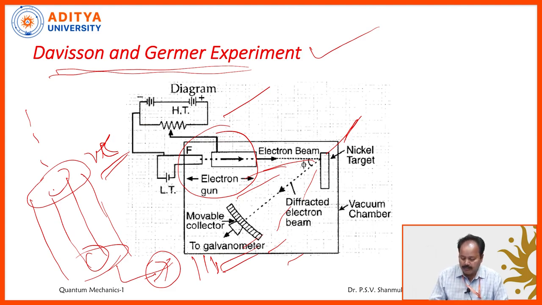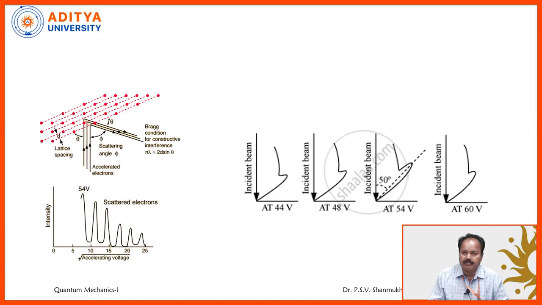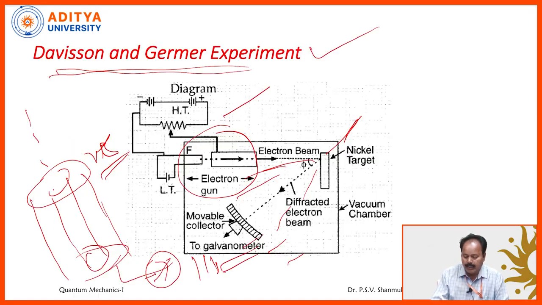So after that, if we plot a graph, observe, the voltage is taken. The galvanometer current is taken on the y-axis. Current is a measure of the intensity of the electron beam. Actually, the more electrons enter, the more current they will produce. The current in the galvanometer is a direct measure of electron beam intensity.